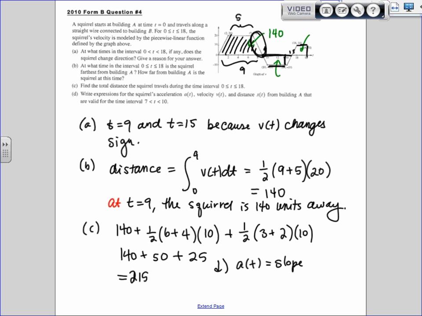And then what about velocity from 7 to 10? I would need the equation of a line, using that slope from 7 to 10. And then the distance from 7 to 10 would just be the area of that little triangle.